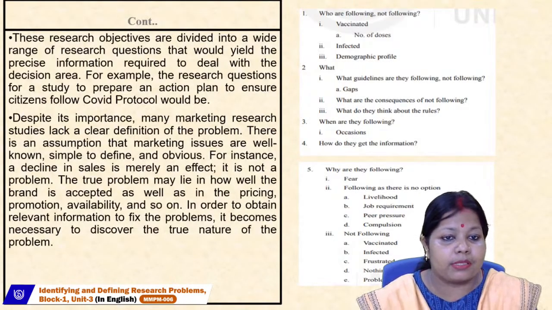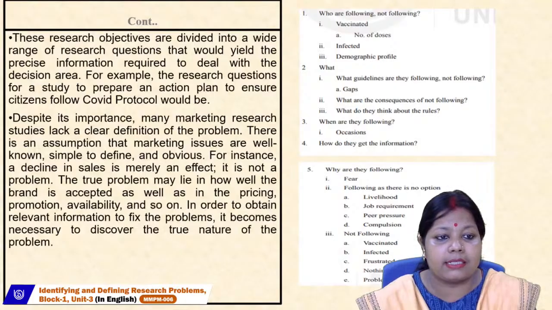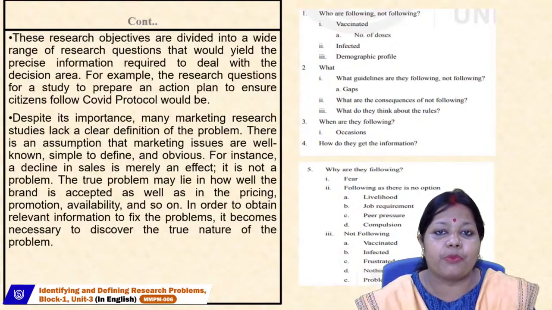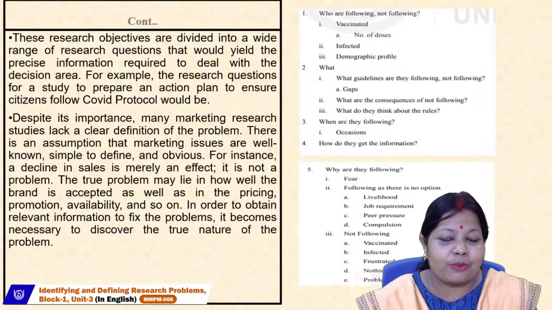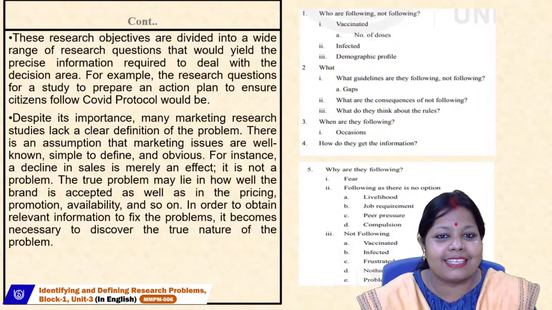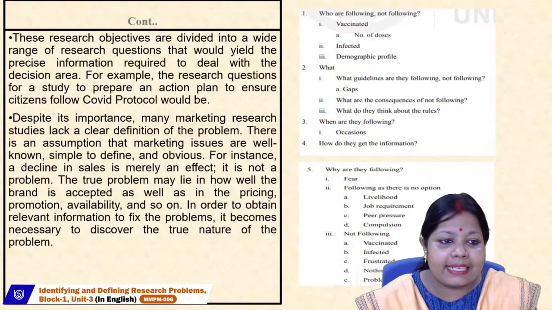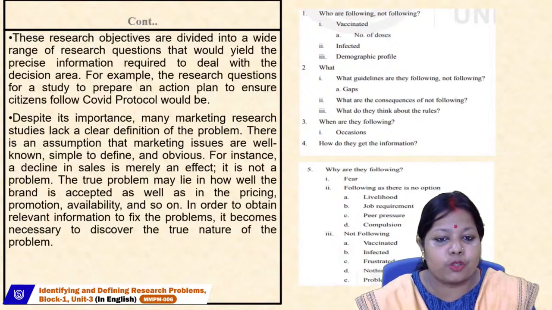Despite its importance, many marketing research studies lack a clear definition of the problem. That is the problem we were discussing in our previous slide. There is an assumption that marketing issues are well known, simple to define, and obvious. For instance, a decline in sales is merely an effect, it is not a problem.